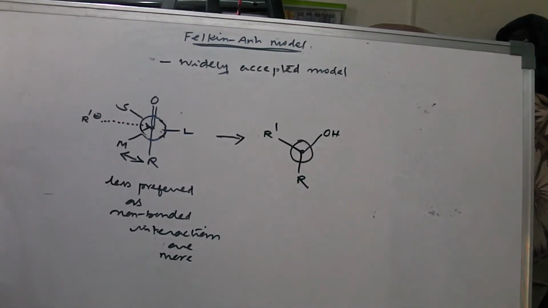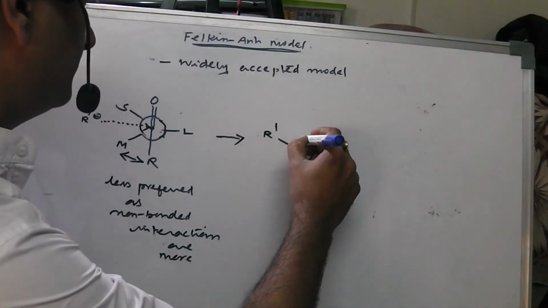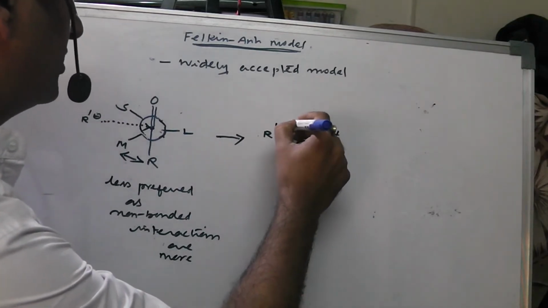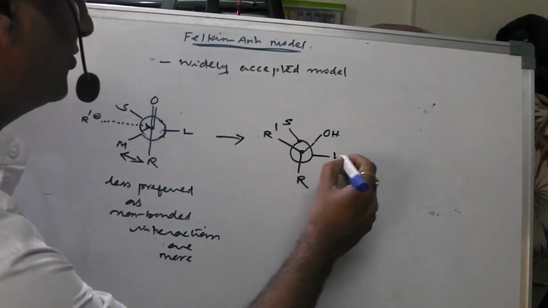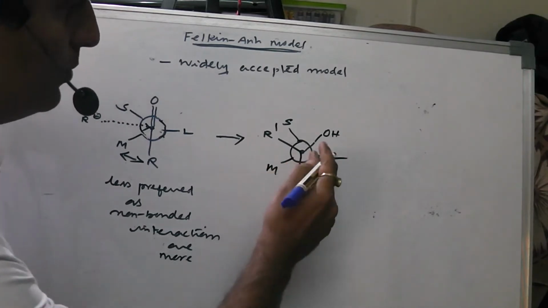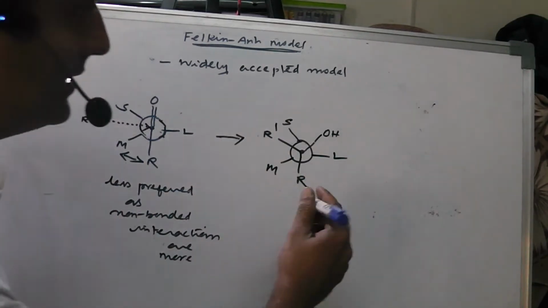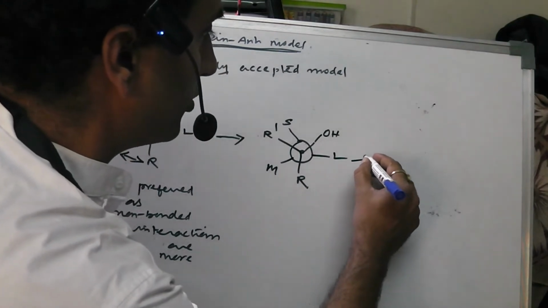R. Now we have here the small group, here the large group, and here the medium group. It is more like an eclipsed structure, so we have to write the correct conformation. We have to rotate now.